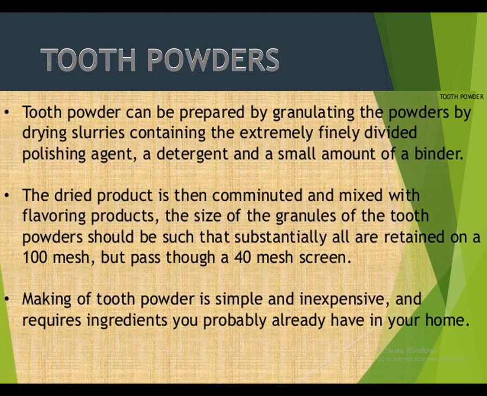Tooth powder can be prepared by granulating the powders by drying slurries containing extremely finely divided polishing agents, a detergent, and a small amount of binder. The dried product is then comminuted and mixed with flavoring products.